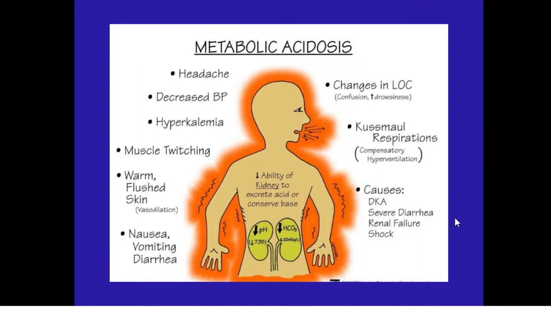It can be caused, for example, by ketone bodies in diabetes mellitus when their concentration is not controlled, but also by severe diarrhea when we are losing alkaline equivalents, or renal failure, as we told, when the kidney cannot maintain acid balance.